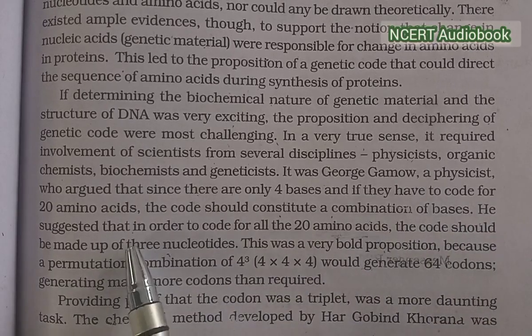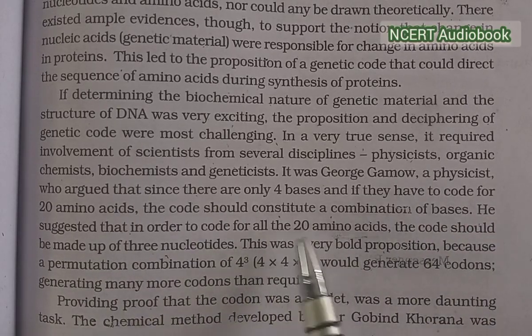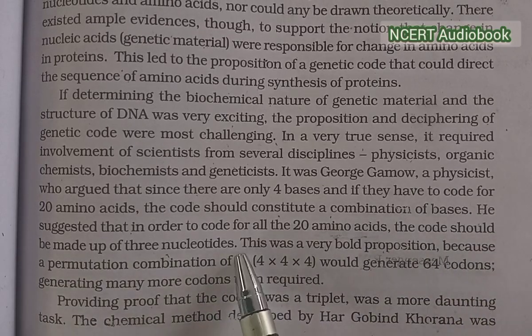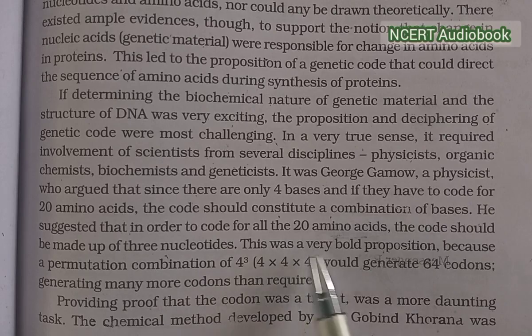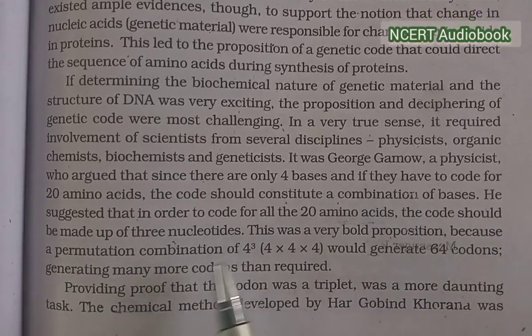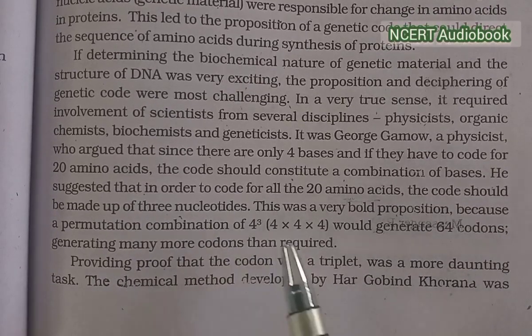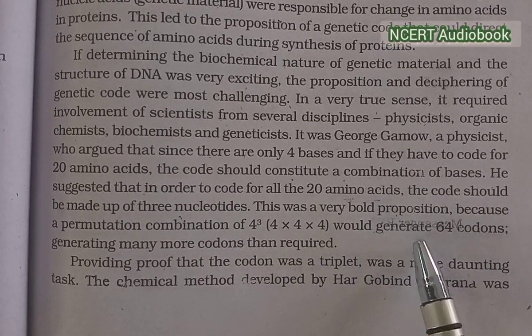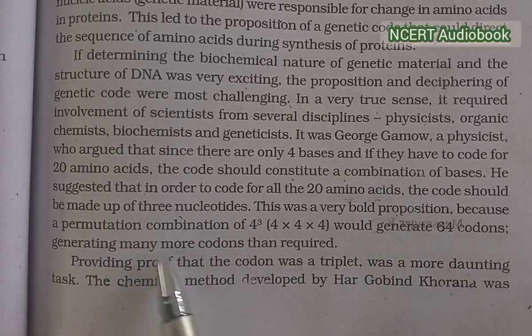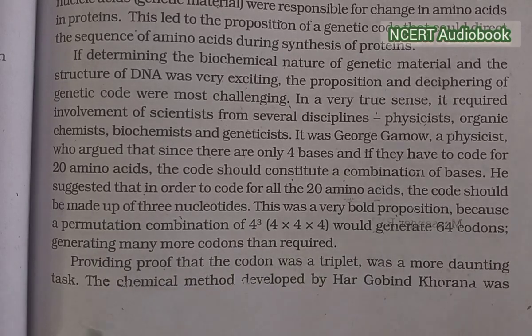He suggested that in order to code for all the 20 amino acids, the code should be made up of 3 nucleotides. This was a very bold proposition because the permutation combinations of 4 to the power 3, 4 into 4 into 4, would generate 64 codons, generating many more codons than required.